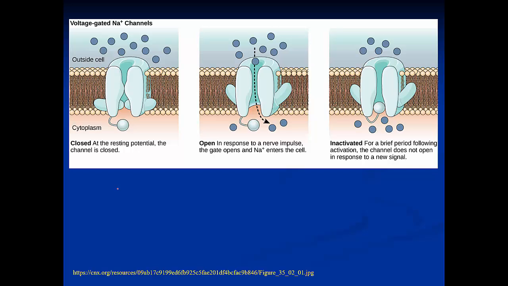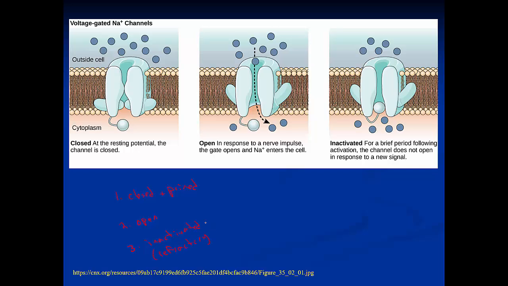Now, there's going to be basically three phases. One will be closed and primed, so these are ready to go. Second state is open. The third state is inactivated, and here I'm going to use the word refractory.